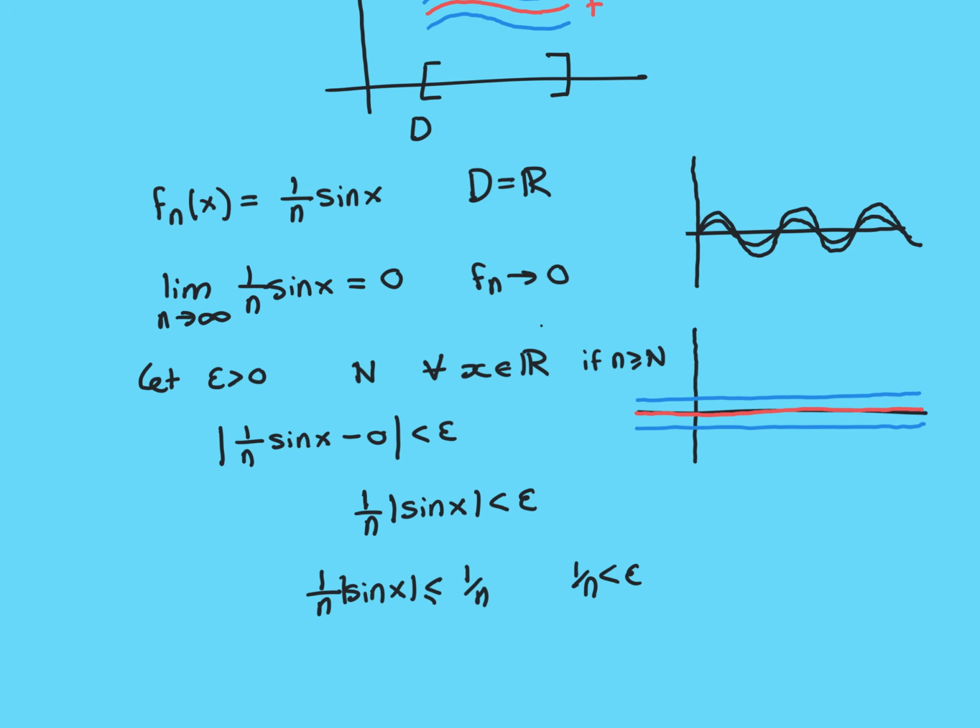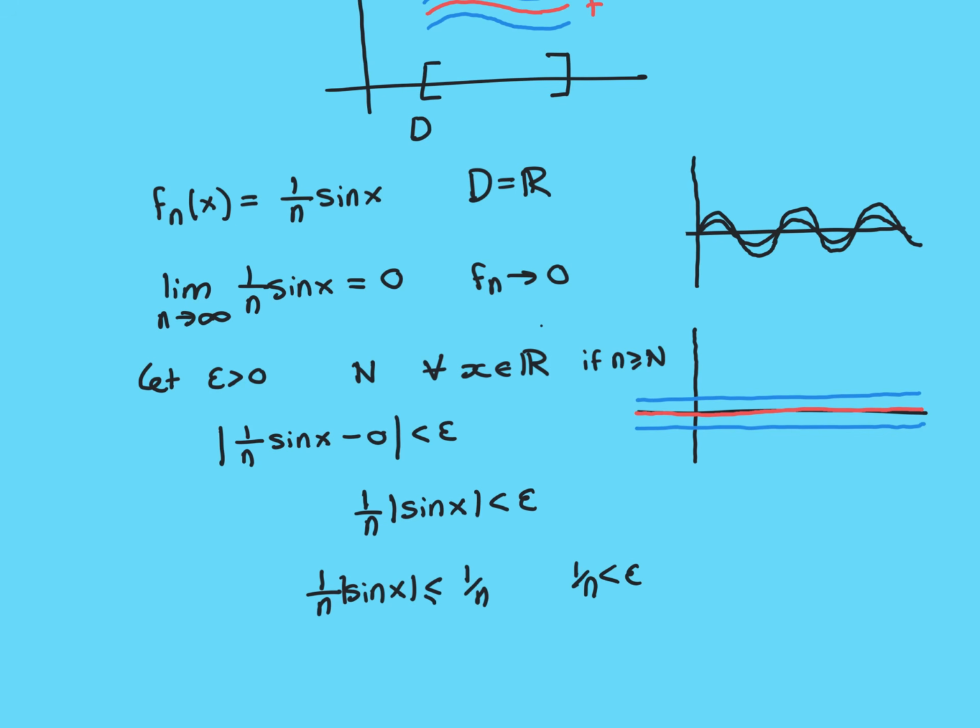The reason being is that the function sine of x for all x in the real line is always between -1 and 1. Therefore, mod of sine of x is always between 0 and 1. So the maximum value this can take is 1. Other than that, it will be between 0 and 1, i.e. something less than 1. So if you imagine it's 0.5, of course you're going to end up then with something less than 1 over n.